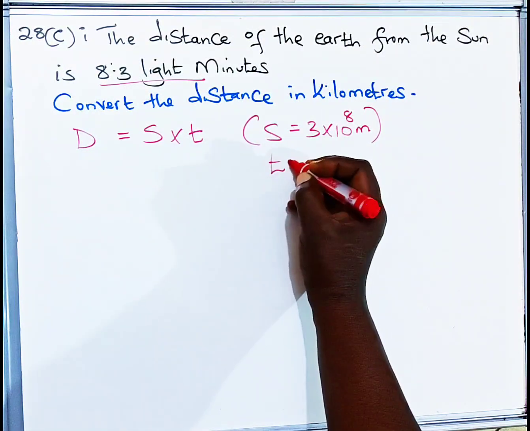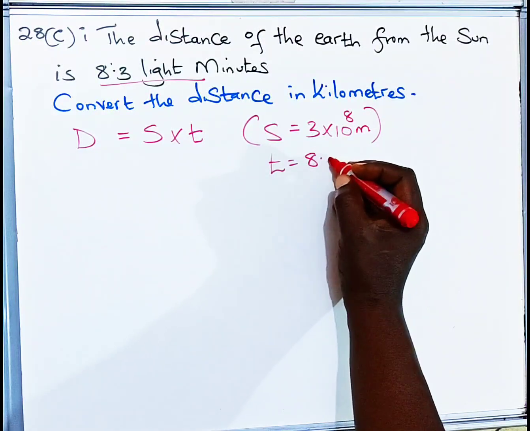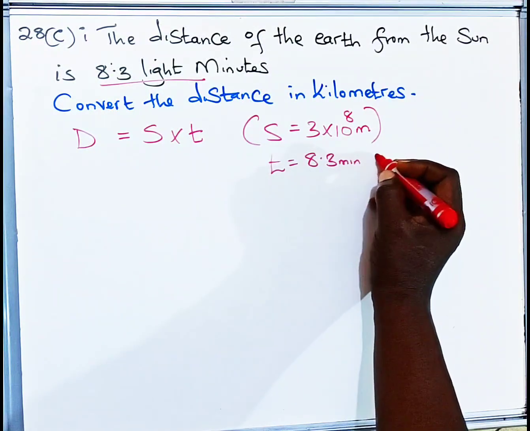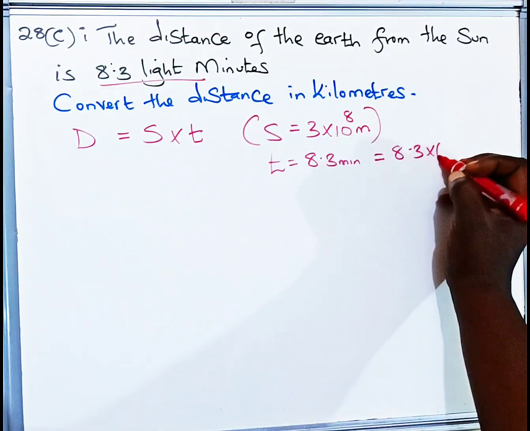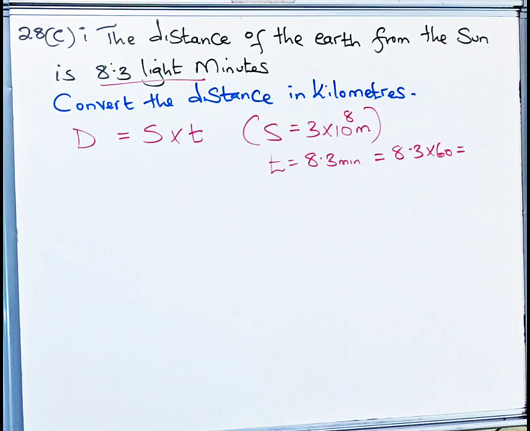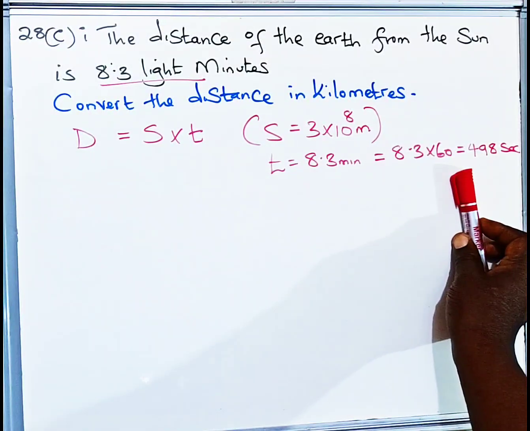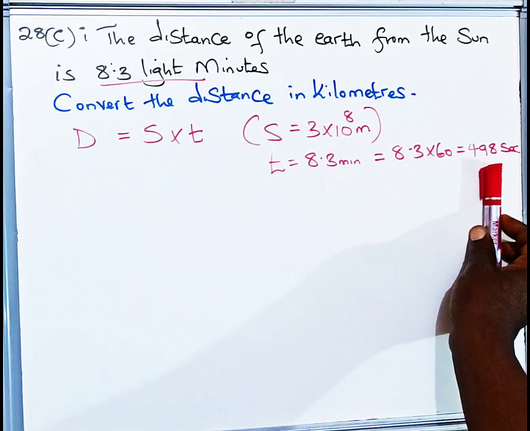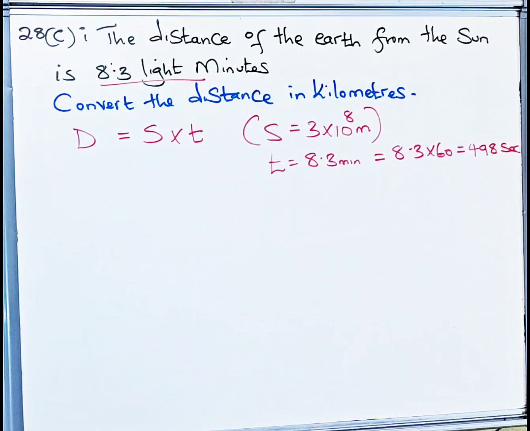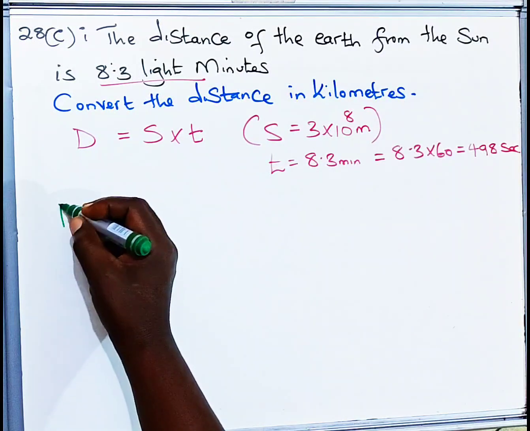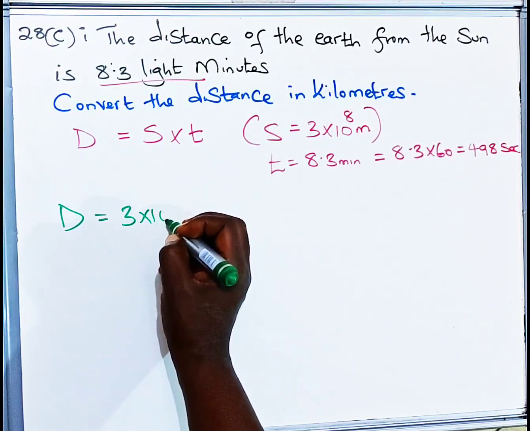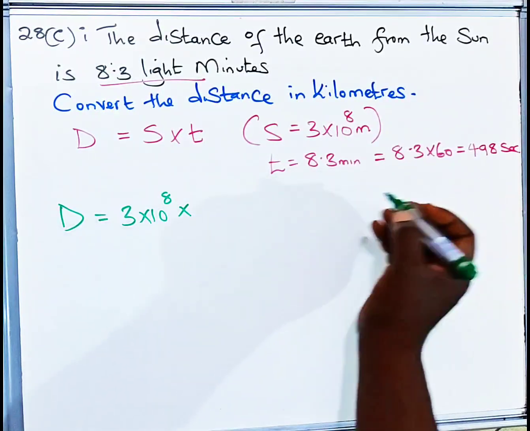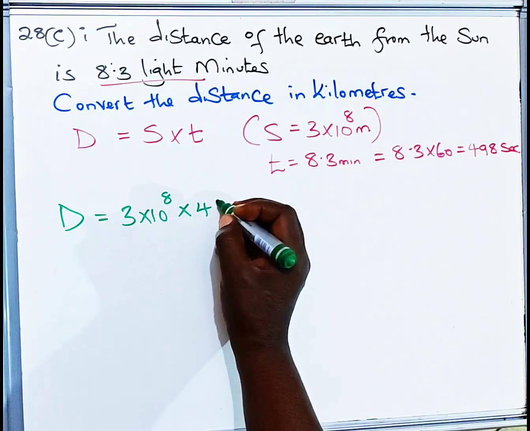The time is 8.3 minutes, which if you convert it to seconds, is 8.3 times 60, giving you 498 seconds. So we substitute: distance is going to be the speed, 3 times 10 power 8, times the time, 498.